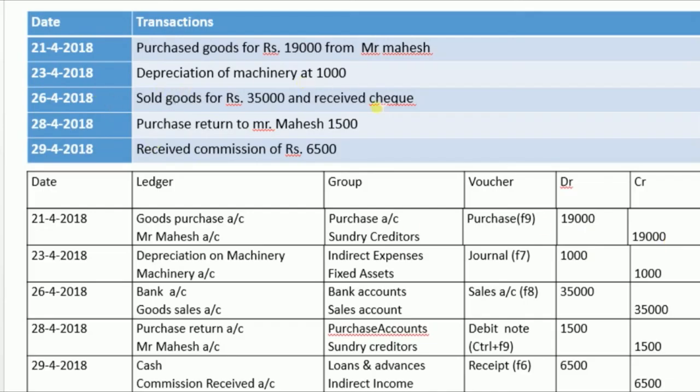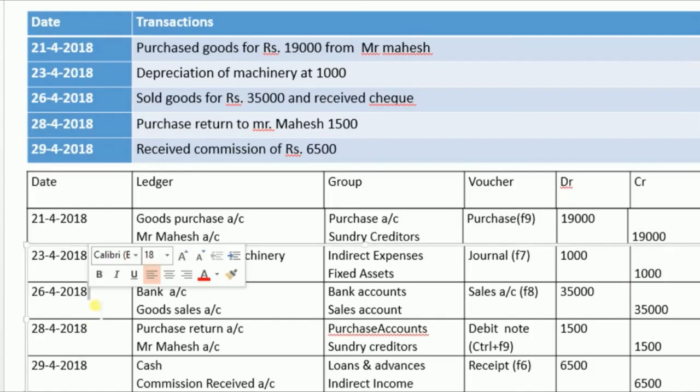23/4 depreciation of machinery at 1,000, and the amount is given, fixed amount. So depreciation on machinery and machinery account, it is indirect expense, machinery fixed asset, voucher is journal as it is an adjustment. 1,000 rupees debit, 1,000 rupees credit. 26/4 sold goods for rupees 35,000 and received check.